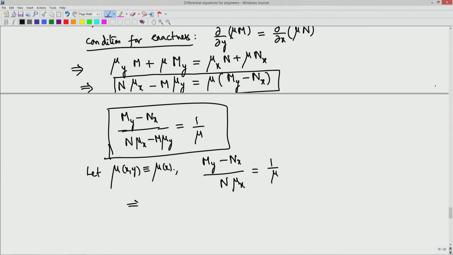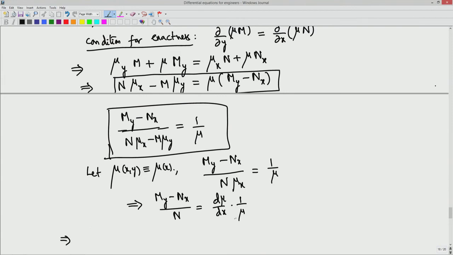So this implies (M_y minus N_x) divided by N equal to, what is mu_x? If mu is a function of x alone, dou mu by dou x is nothing but d mu by dx, into 1 by mu.